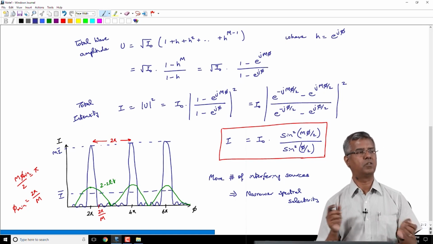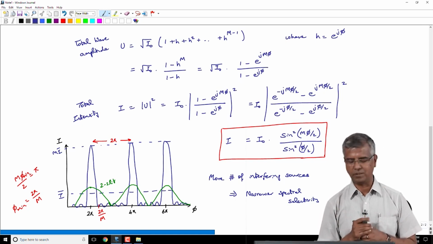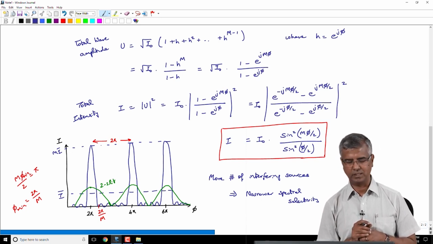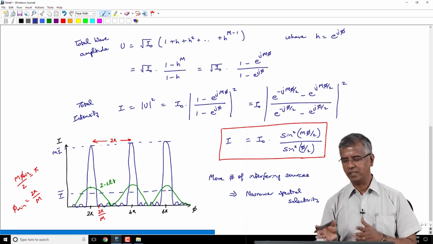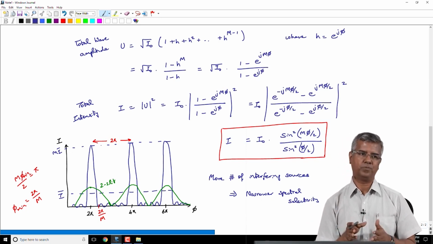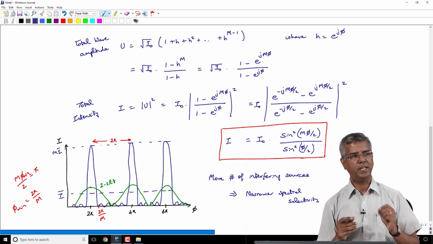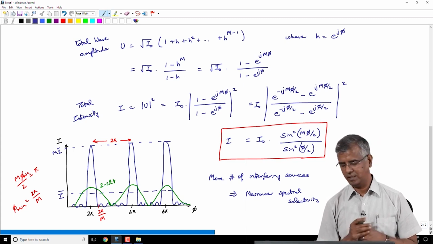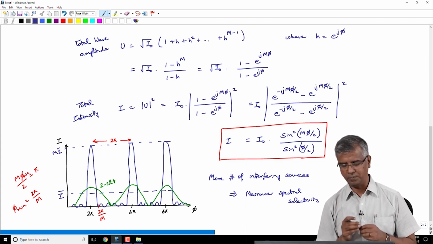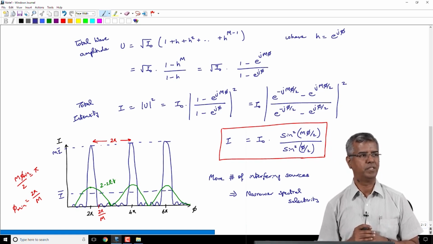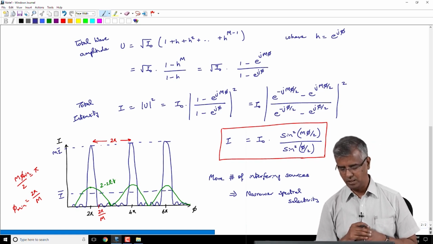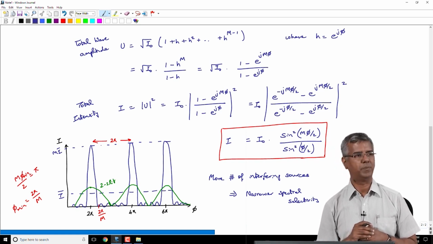So, you can resolve different colors with very high precision. I am saying colors, but you can think of it in terms of spatial quantities as well. So, it becomes very fine, you can pick up things with very fine resolution when you have multiple slits participating in your interference process.